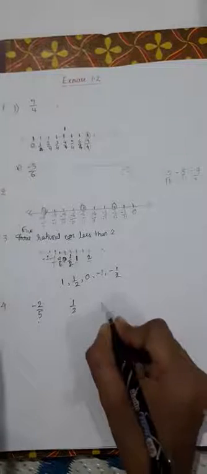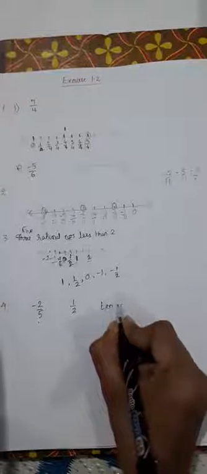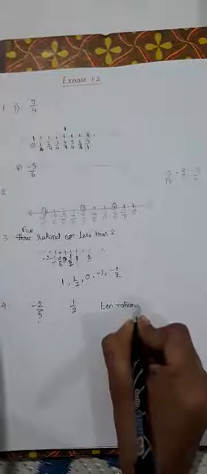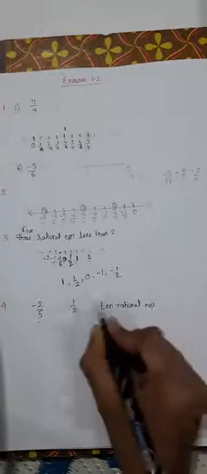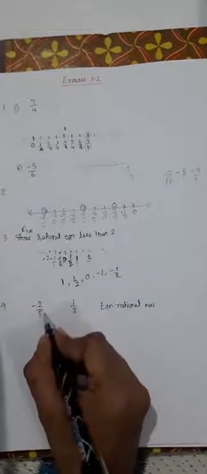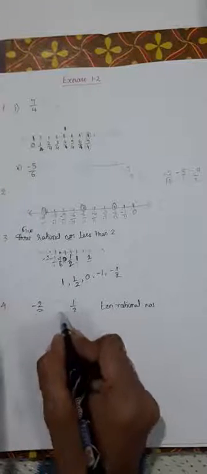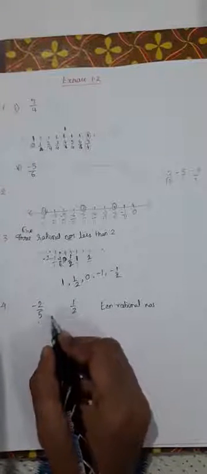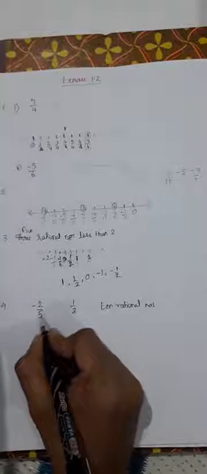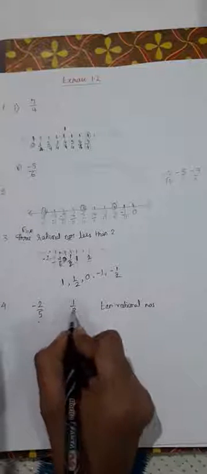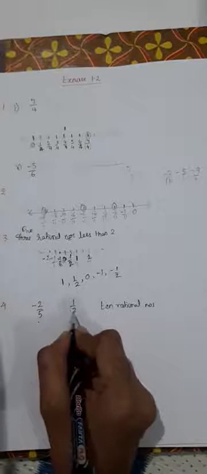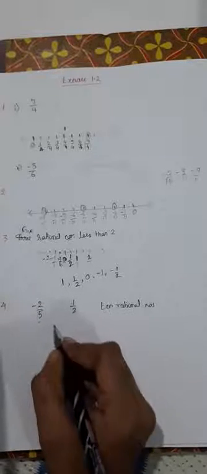But how will you find 10 rational numbers between these two? One method is there that we learned yesterday. We will make the denominators equal. How? By multiplying the numerator and denominator of the first number with the second denominator, and the second number with the first denominator.